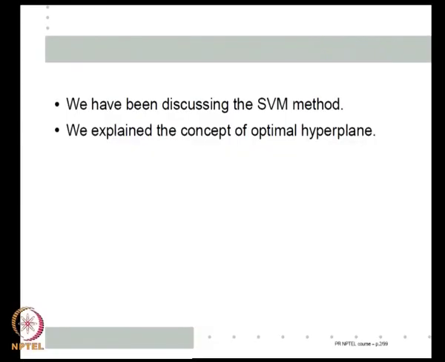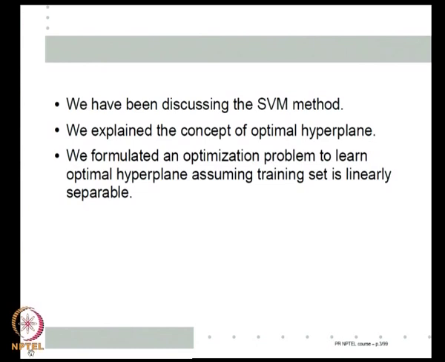And we said that for the idea to work, we actually do not learn any linear classifier, but learn what we call an optimal separating hyperplane. So, to briefly review, we have been discussing the SVM method, and the one major new concept is the optimal hyperplane. We formulated the optimization problem of how one learns optimal hyperplane.